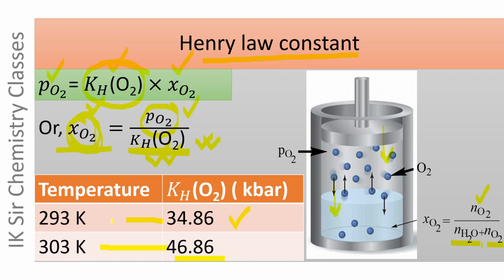It is obvious that on increasing temperature, the value of KH increases, and on increasing the value of KH, the solubility of O2 in water decreases. This is why the solubility of O2 in water decreases with increase in temperature.